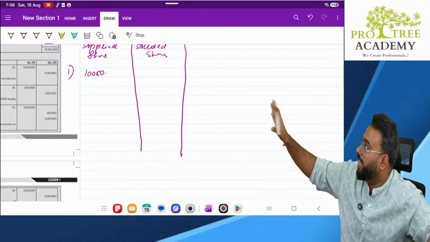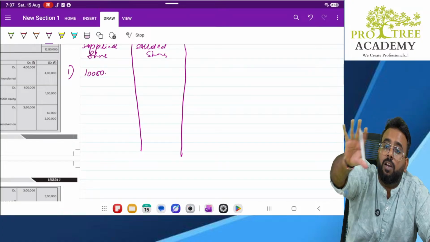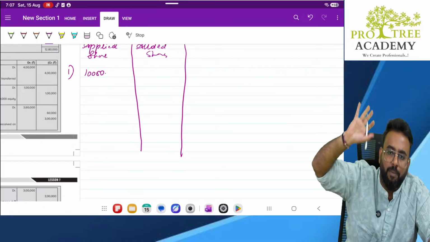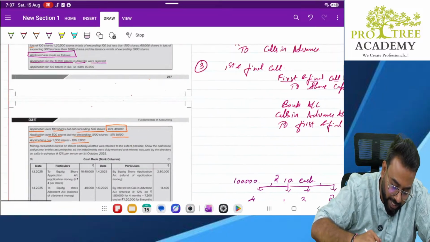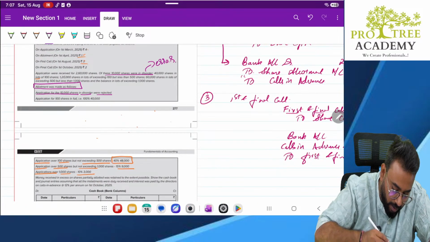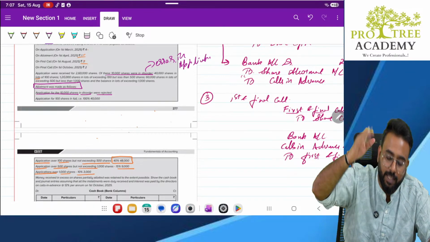So we have received applications for 10,000 shares which are not complete. That means there is some error in the application. Disorder, you can write it down as error in application.